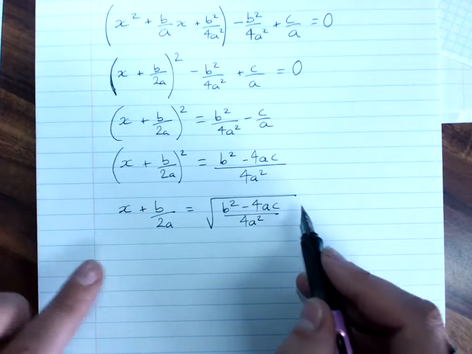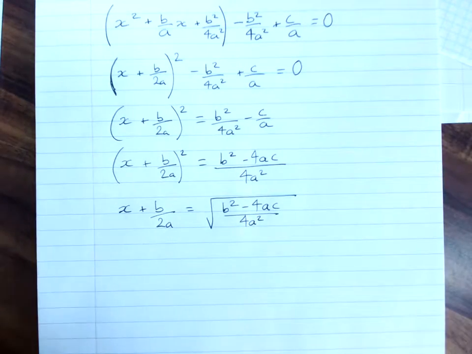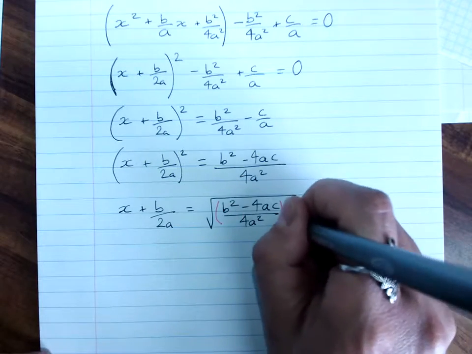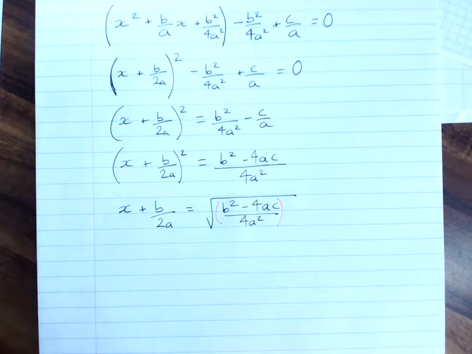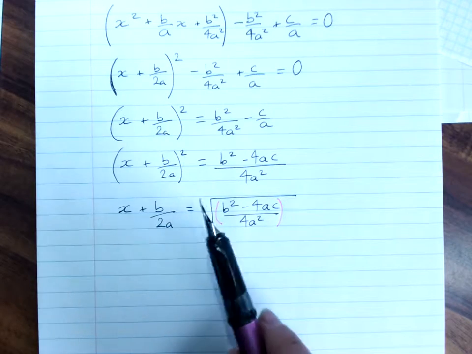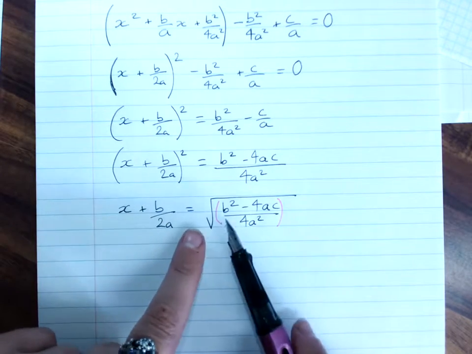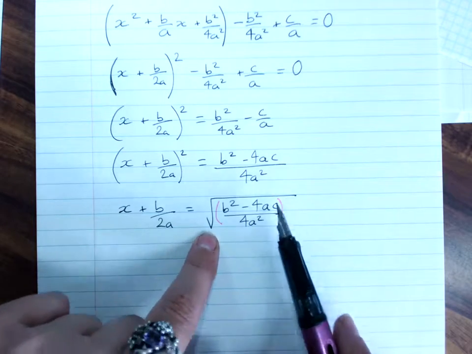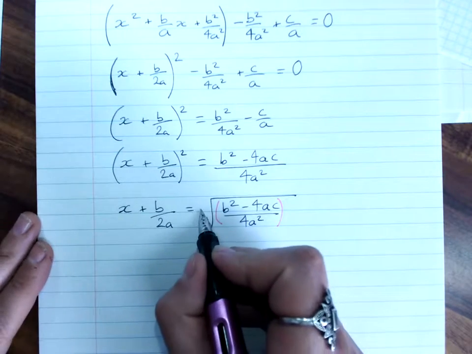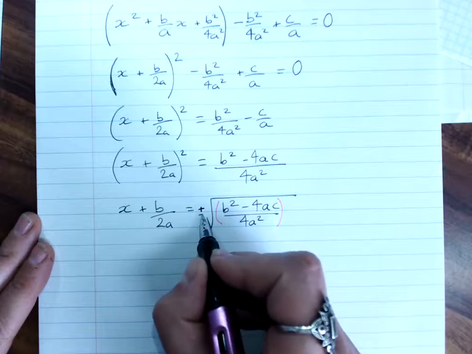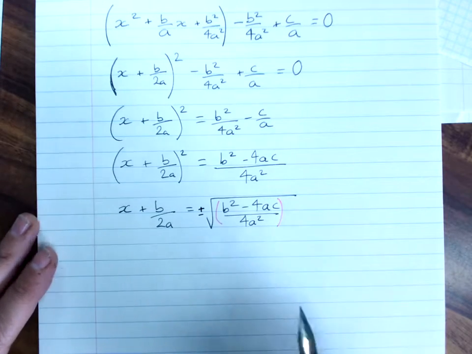Now that's the square root of the whole expression. If we wanted, we could put that in brackets to make that very clear. Also at this point, we know when we take a square root, we could get a positive or a negative answer, so we make that very clear by saying plus or minus the square root of this expression.